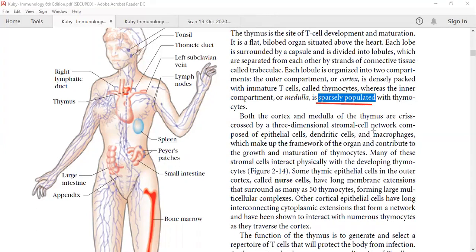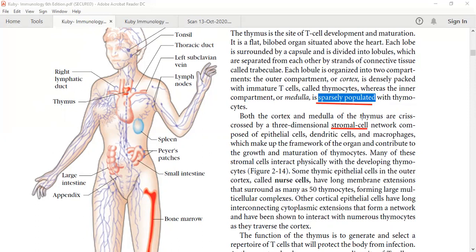All right. Both the cortex and medulla of the thymus are crisscrossed with three-dimensional networks of stromal cells. One thing I forgot to tell you: stromal cells. We have discussed various different kinds of cells, including macrophages, dendritic cells, and epithelial cells.